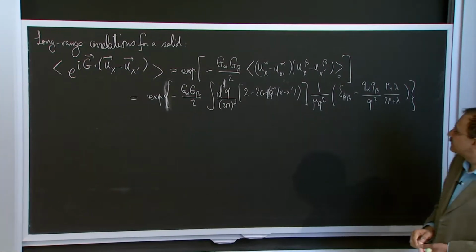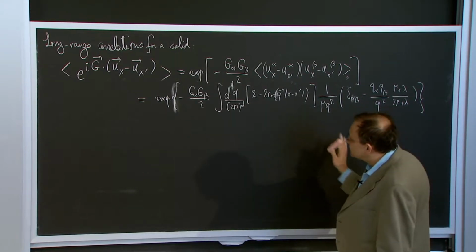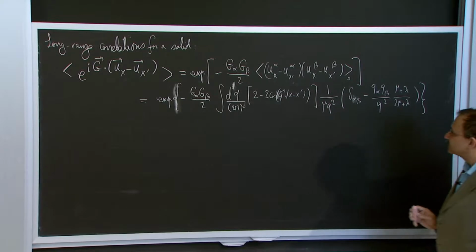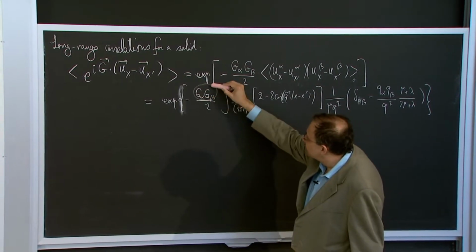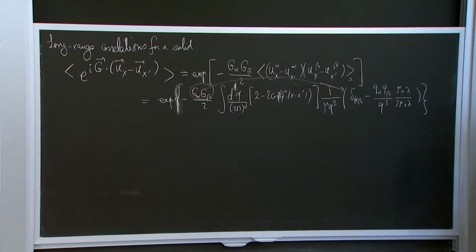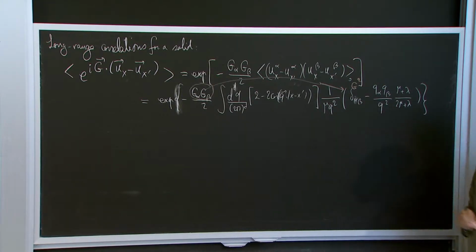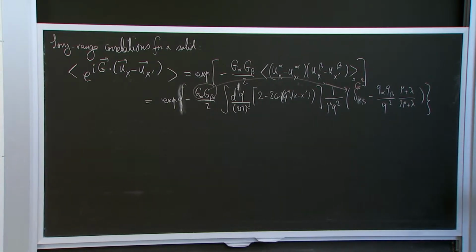There is a little bit of subtlety here. I will do something that is not quite kosher, but gives me the right answer. Certainly, I can take this g alpha, g beta inside here. When it multiplies delta alpha beta, I will simply get g squared, summing over alpha.